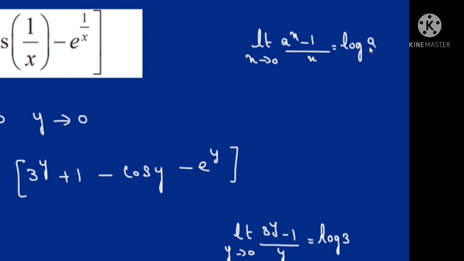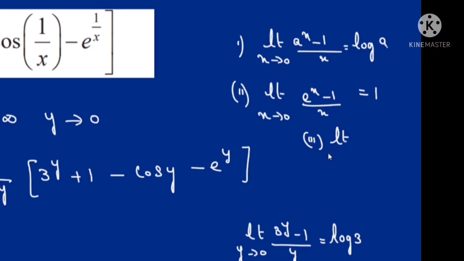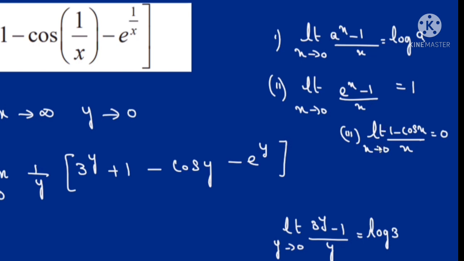Second one is limit x tends to 0, e power x minus 1 by x is 1. Third formula is limit x tends to 0, 1 minus cos x by x is 0. So we are going to use these three formulas here.